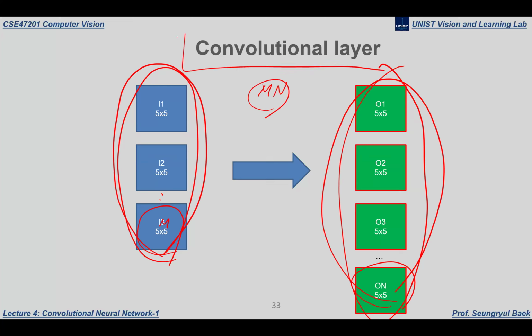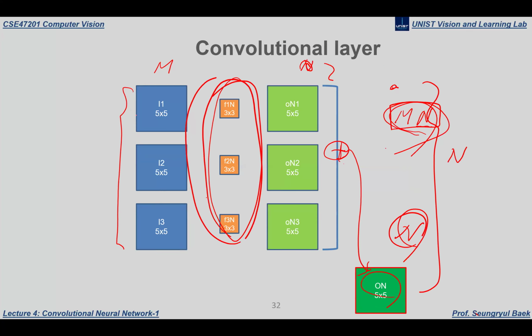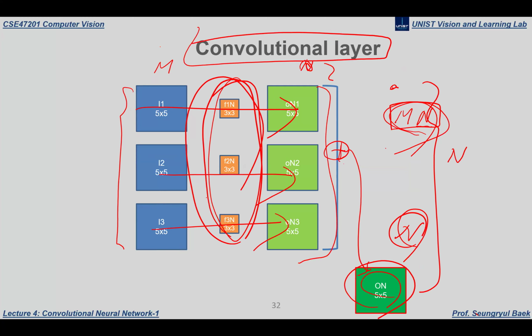This is the convolutional layer. The core operation inside is convolution, but we have some more modules to actually constitute this convolutional layer. But that is not much.